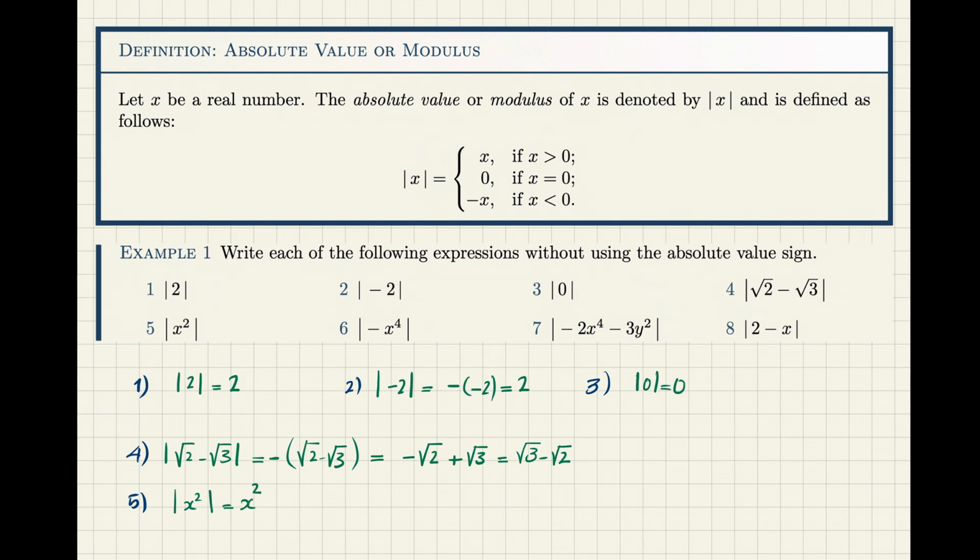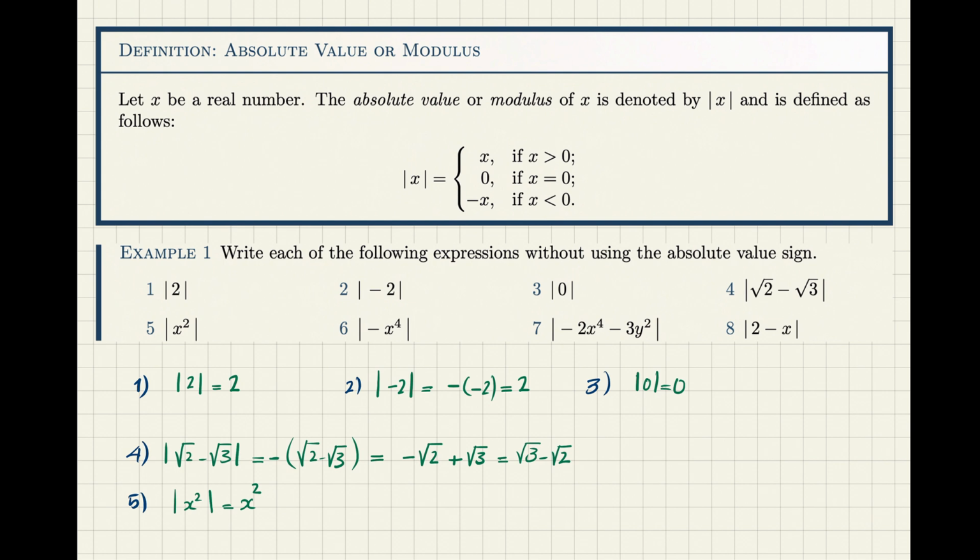Okay? What about number 6? Here, the package inside the absolute value is minus x to the 4. x can be any number, positive, negative, or 0, but when I raise it to power 4, because 4 is an even number, it becomes non-negative. But then at the end, I am multiplying it by a negative sign. So if I ask you, are you certain about the sign of this expression, even though you cannot be certain of the sign of x, you would say yes.